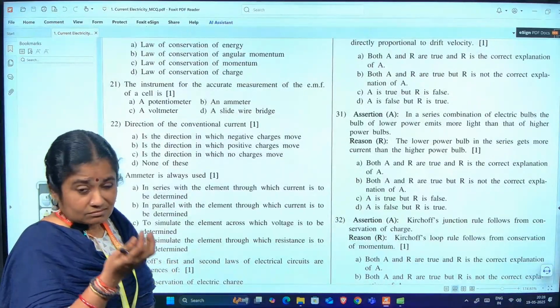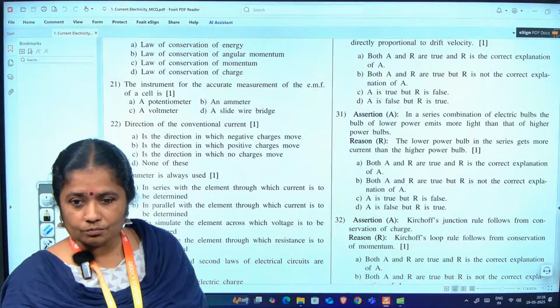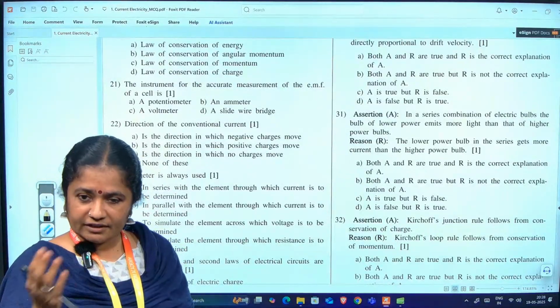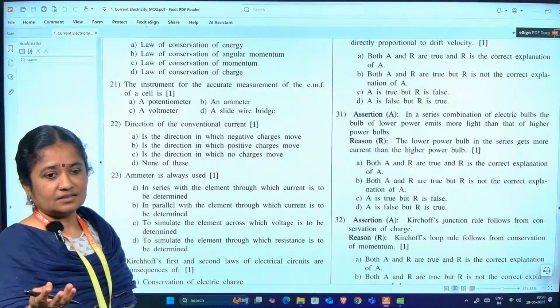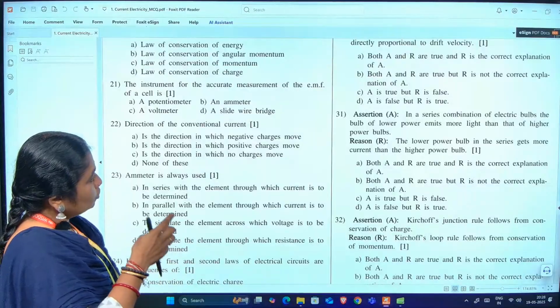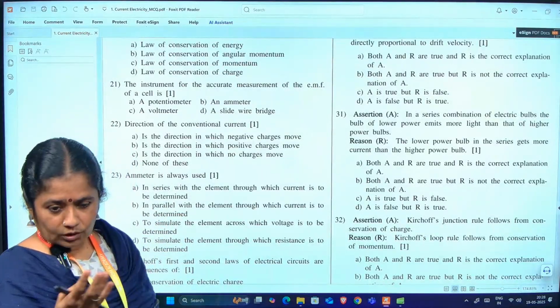To find that, you need to calculate the amount of potential difference. The potential difference will be different because the resistance is different. Different power, same current, but different potential difference and different resistance. So does lower power emit more light or higher power?